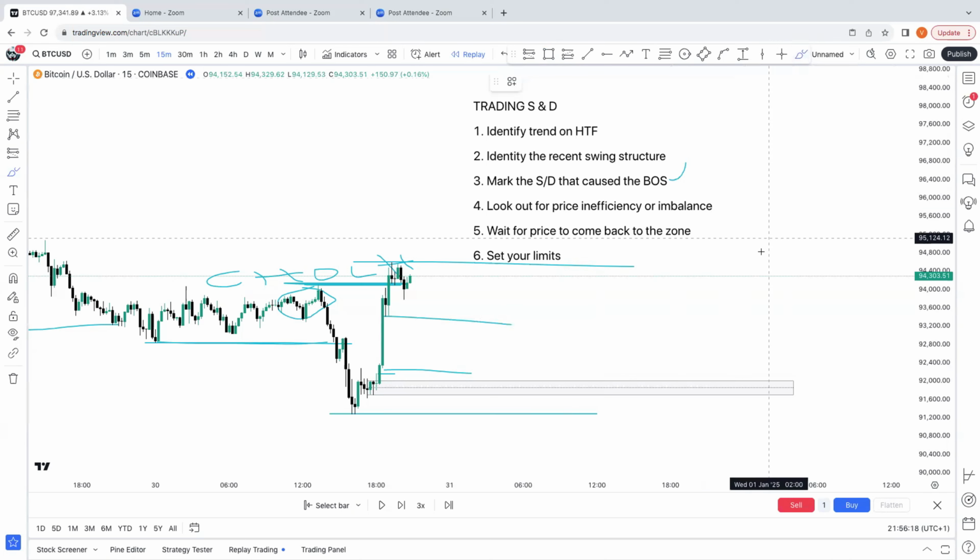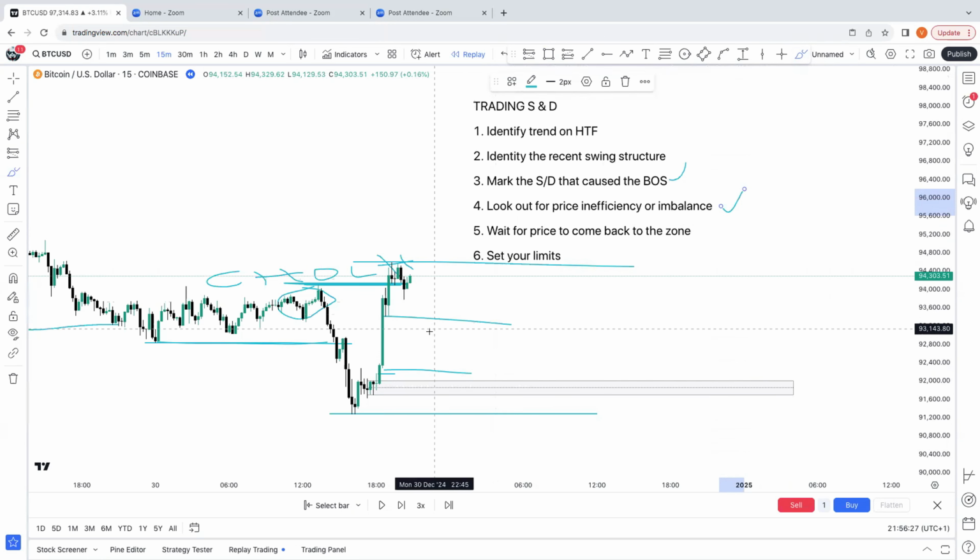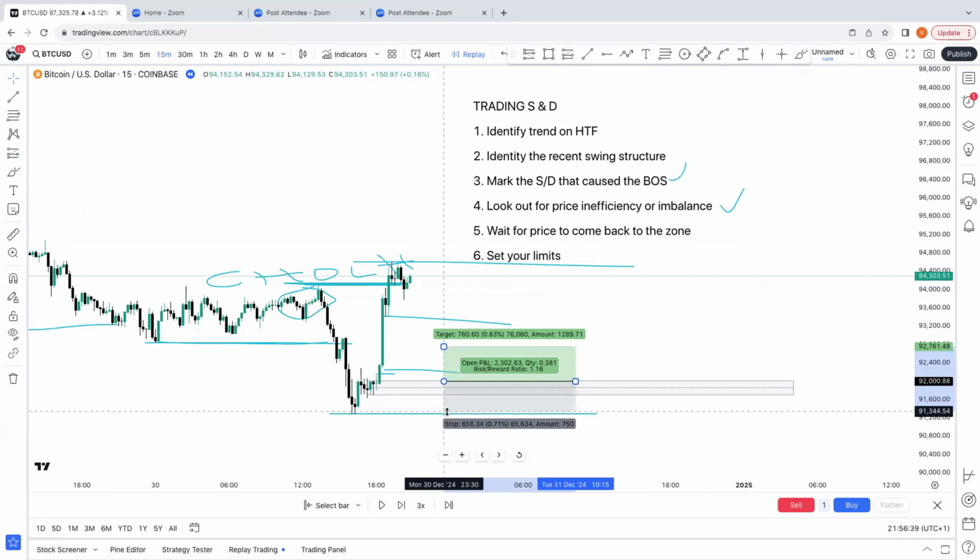So our fourth checklist item has been marked, and number 5 is wait for price to come back to the zone. So now we are going to do nothing. We're just going to wait for price to come back to this zone. And number 6 says set your limit. So we're going to place our buy position here, and we're going to place our stop loss below this low here.